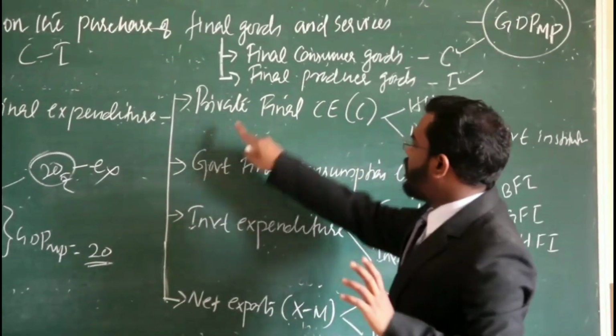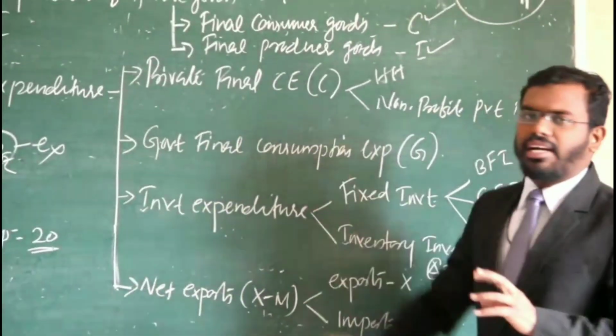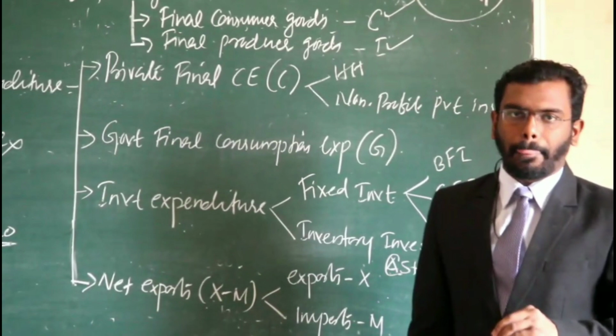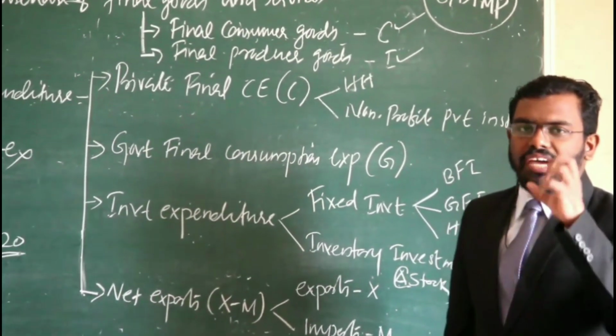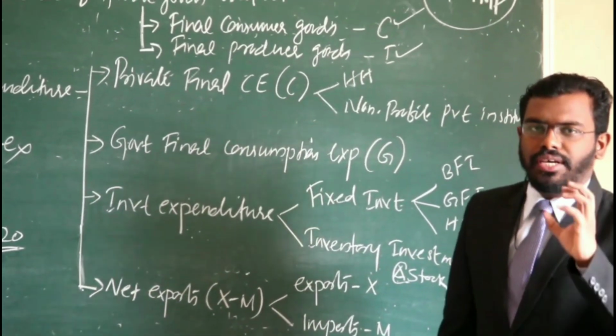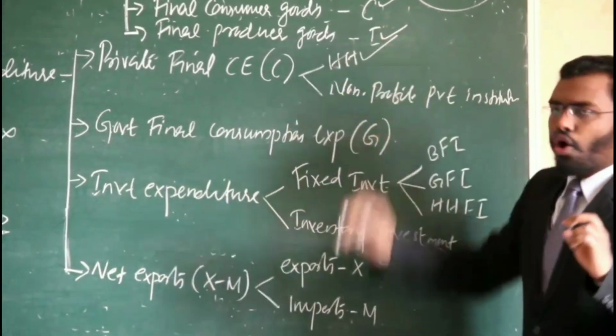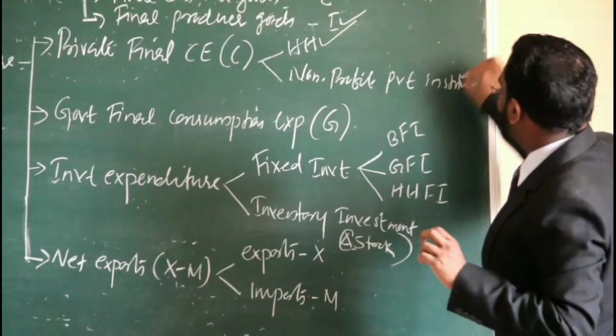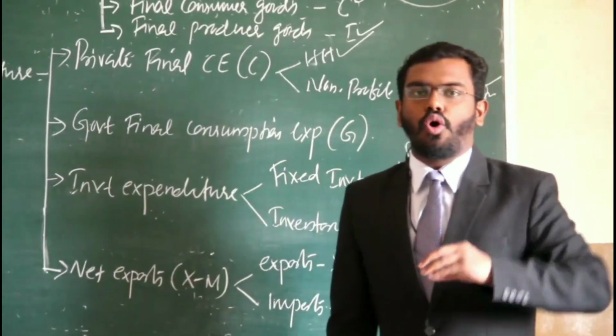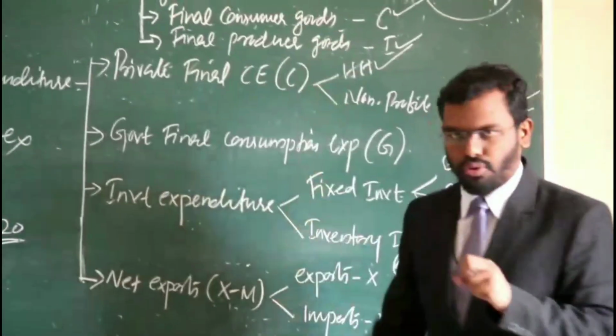The first one is private final consumption expenditure. Private final consumption expenditure means expenditure made by households and non-profit private institutions on final consumer goods.